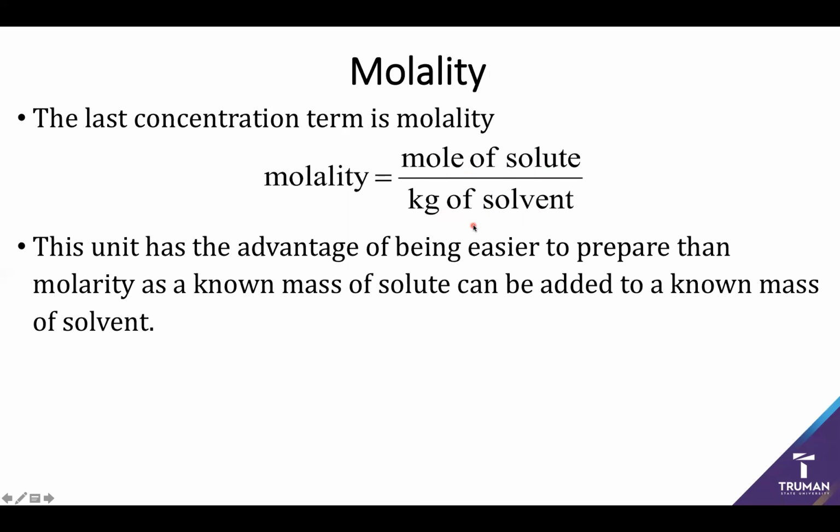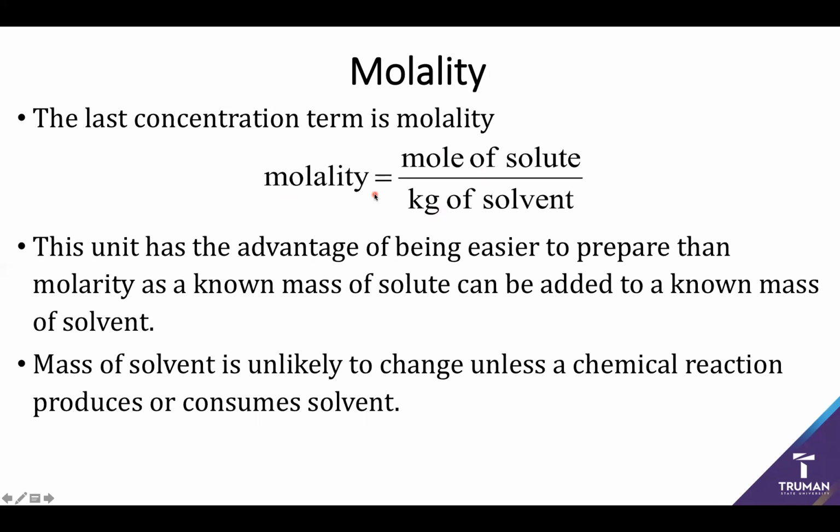So if I'm, for example, preparing a molal solution, I may add, say, 1 mole of sodium chloride and then add in 3 kilograms of solvent. And there you go. That will give me an easy molality. And it also has a big advantage that it has no temperature dependence, because moles and kilograms will not depend on temperature.